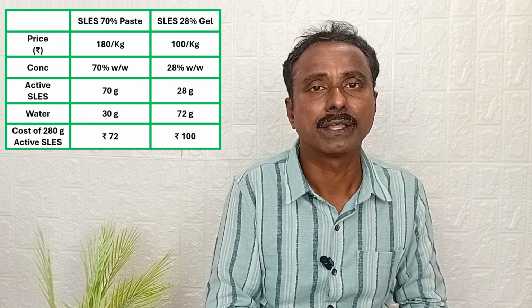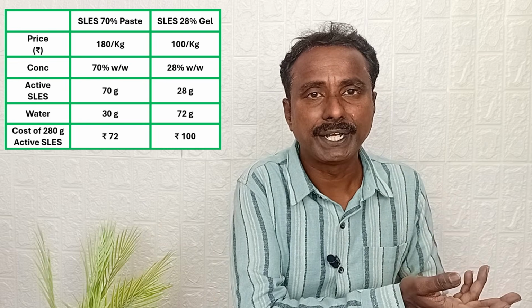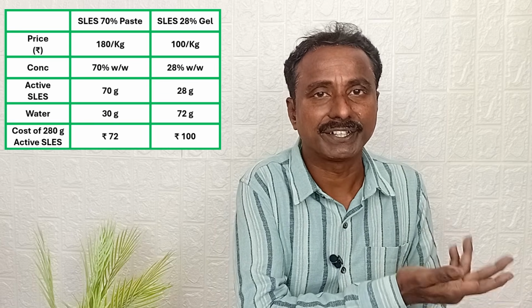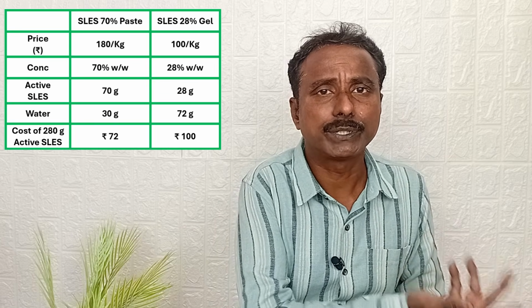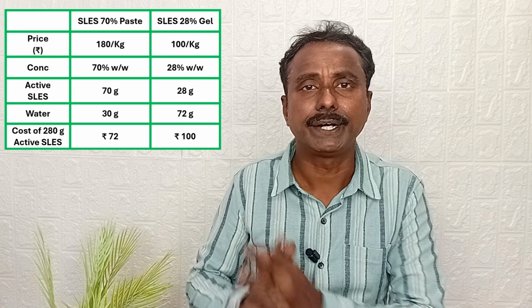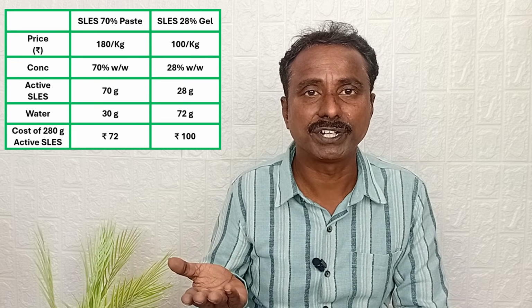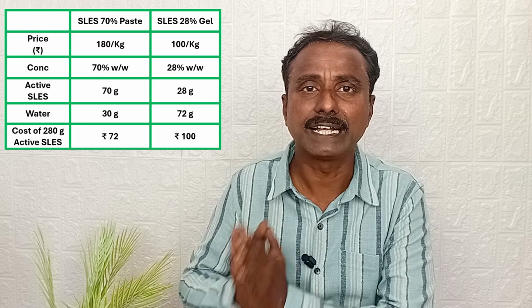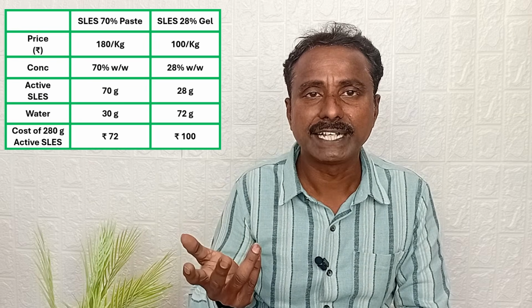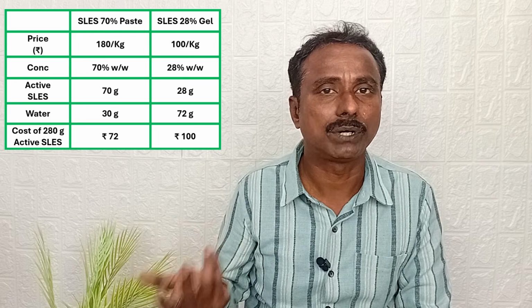That means in 100 grams of gel, 28 grams are active SLES, the remaining 72 grams water. In 100 grams of SLES paste, it is 70% concentration, so 70 grams are active SLES, the remaining 30 grams water.